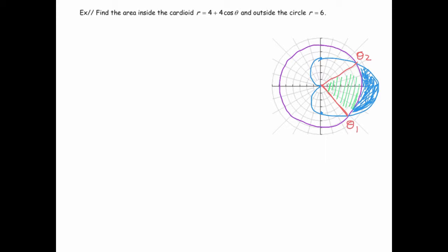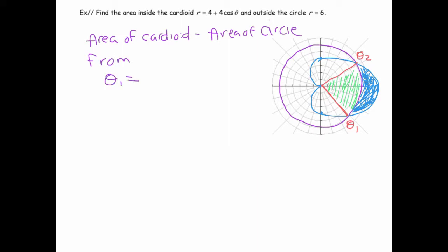If we just take the area inside the cardioid and get rid of it, then we'll have what we want. So let's just say that the area of cardioid minus area of circle is what we want, from theta 1, which we'll figure out in a minute, to theta 2.